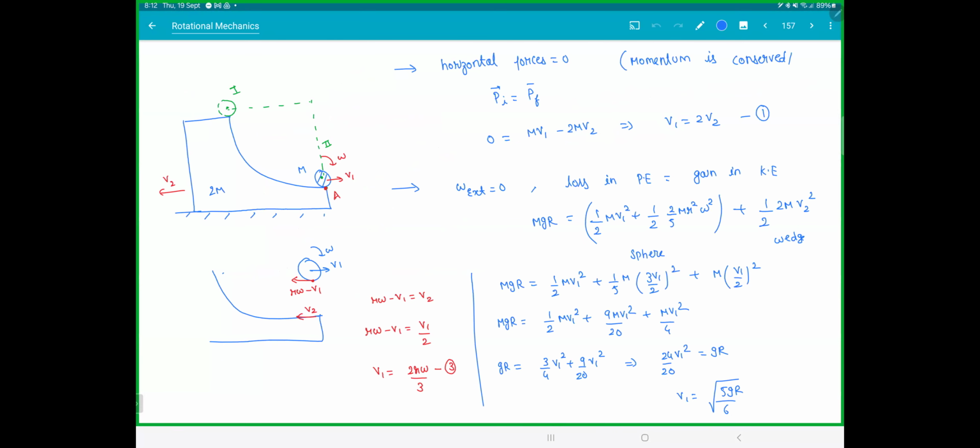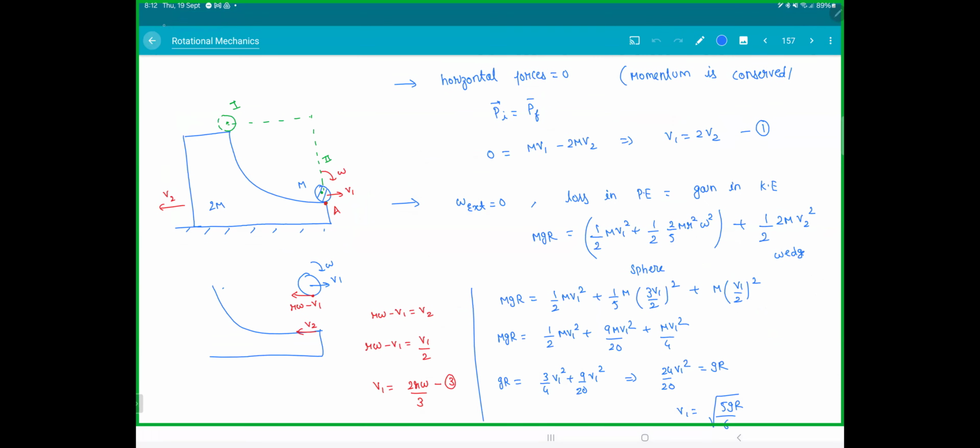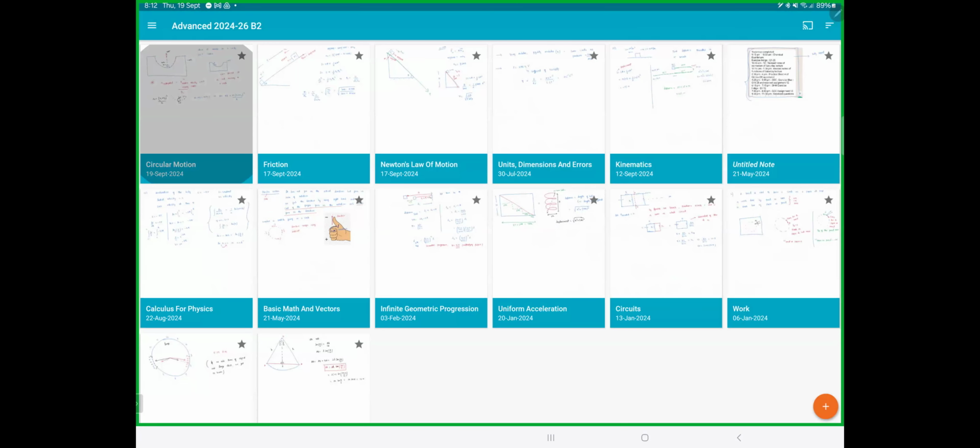And then here, the centripetal acceleration is v relative square by r minus r. So there, again, I wrote it here because you seniors forgot. So this will be a part of some big problem. That will be a proper advanced question. Clear with this? So do keep it in mind.